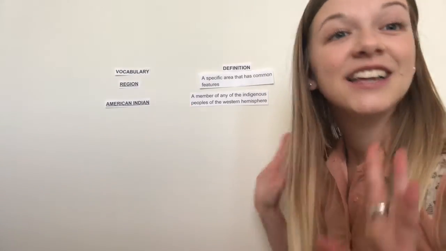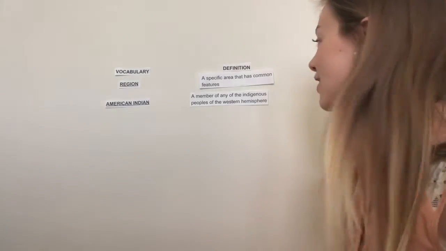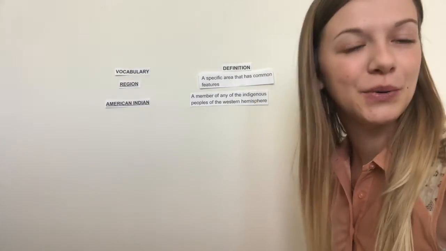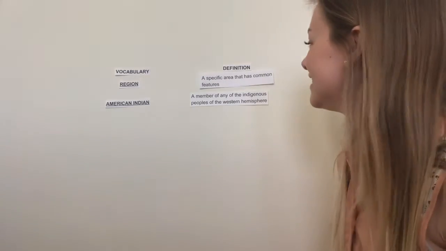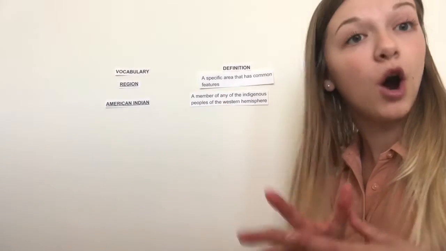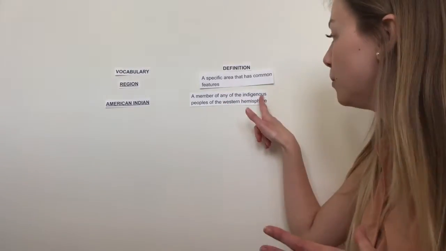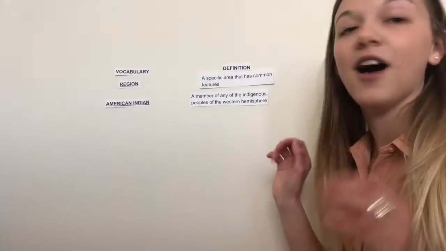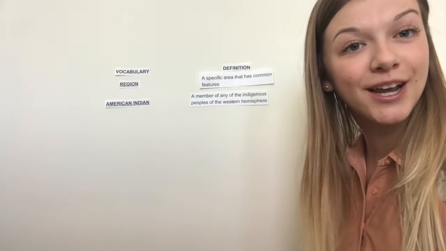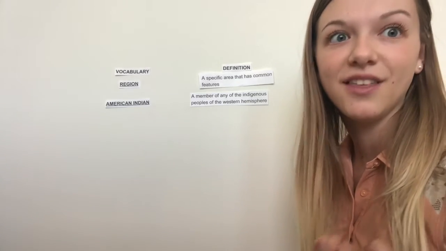Now that is kind of a big definition, and I know most of you probably don't know what the word indigenous means, but don't worry, we will get to that. So an American Indian is somebody who is a member, they are a part of a specific group, an indigenous group, of people that live in the Western Hemisphere. So go ahead and write that down and pause it if you need more time. But if you don't, we're going to go ahead and move on to the third term.